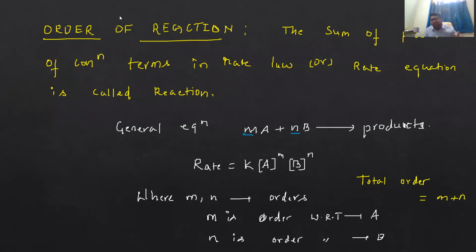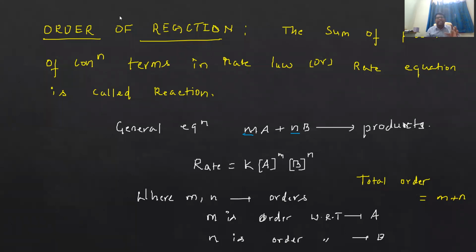First of all, observe the definition: the sum of powers of concentration terms in the rate law or rate equation is called order of reaction. So taking one general equation, mA plus nB gives products, its rate is K into concentration of A power m into concentration of B power n.